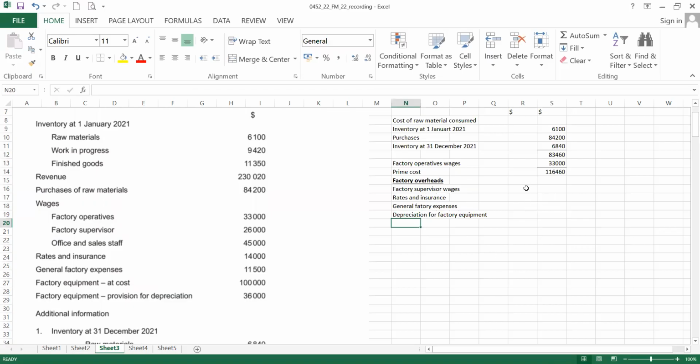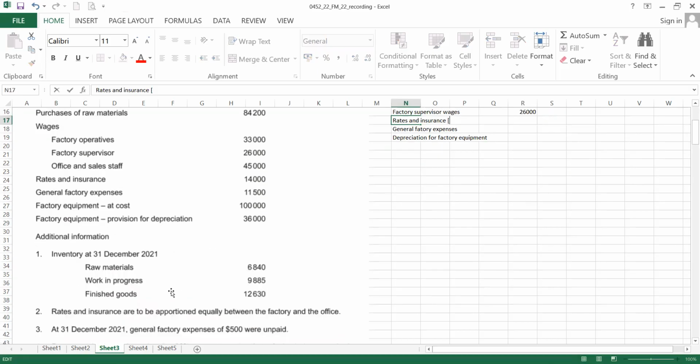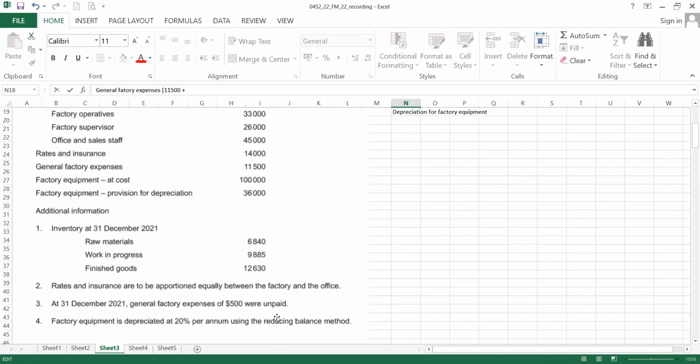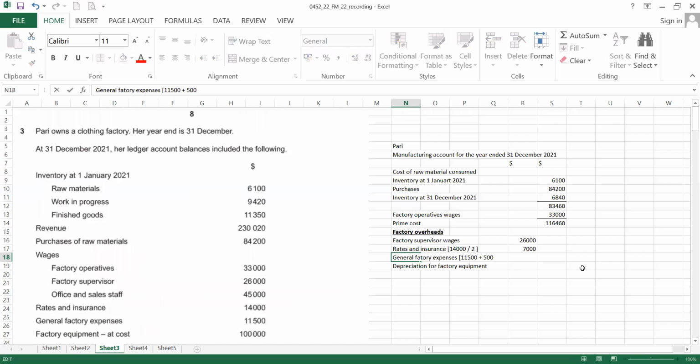Factory supervisor wages 26,000. And then rates and insurance, they are talking about equal between factory, 50%. They mean 14,000 divided by 2, so which is 7,000. And then general expenses, we have 11,500 plus the 500 unpaid. So this one is 12,000.